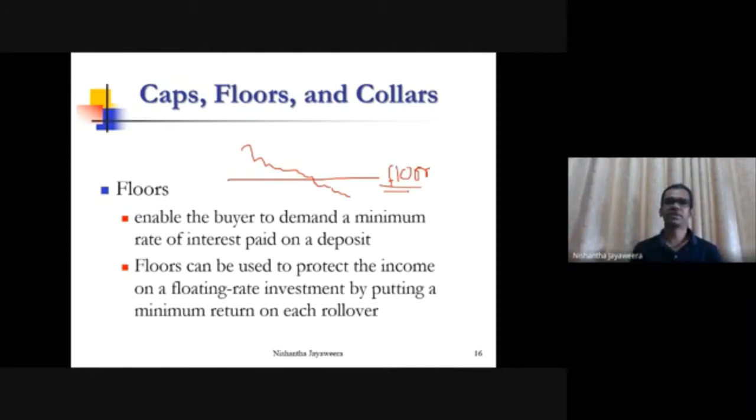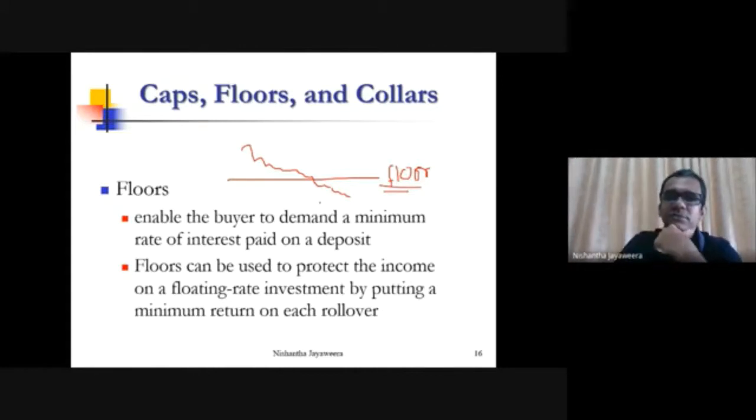Establish a bottom floor. The interest income won't go below that. Again, you can establish this by buying a series of options or combining them all together into a package product called a floor. So even if the interest rate goes down, the seller of the floor will pay you the minimum interest rate.